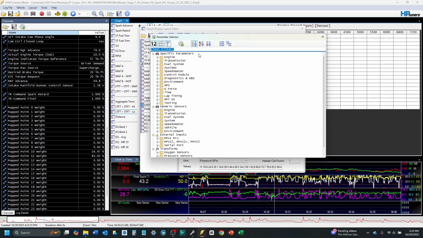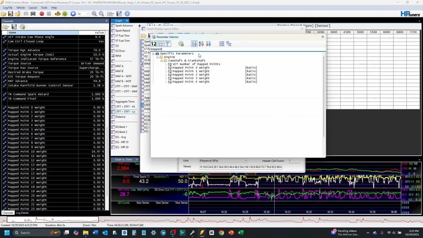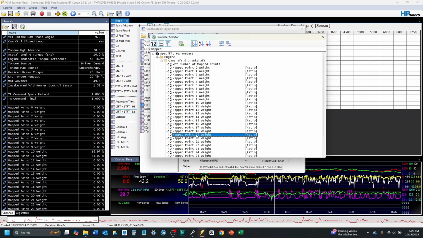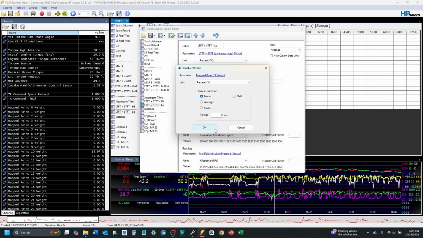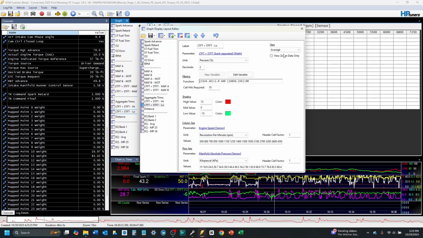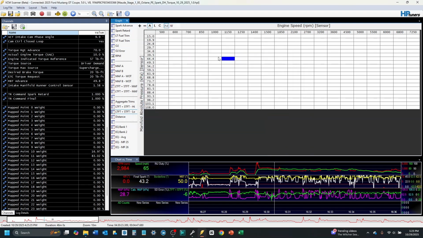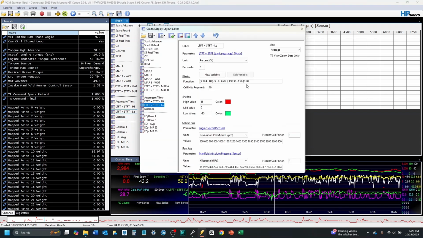And then just for funsies, let's try map point 19, which is the verge of power. Again, nothing, right? And I only got one datum there, and I filtered it out as noise. So you can kind of see how that works. Now, if I was commanding it to stay in table 19, different story, right?